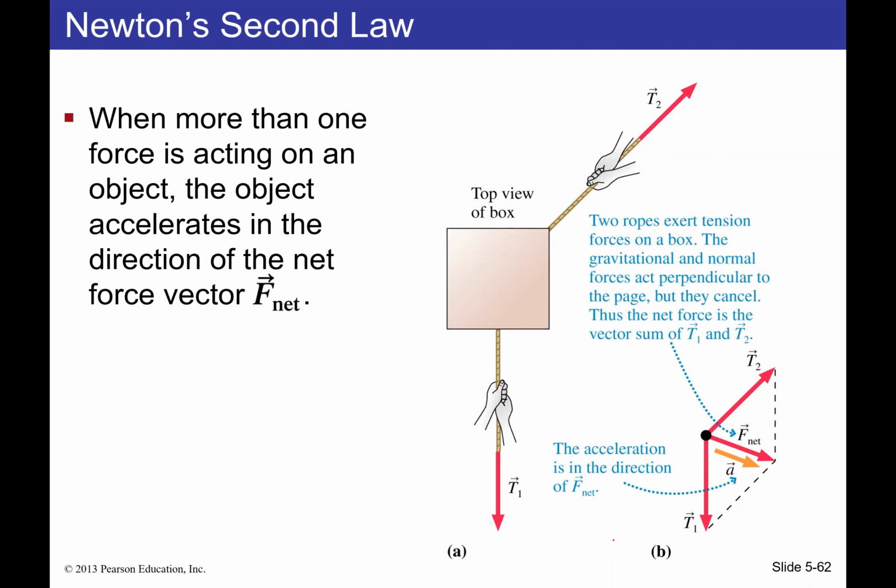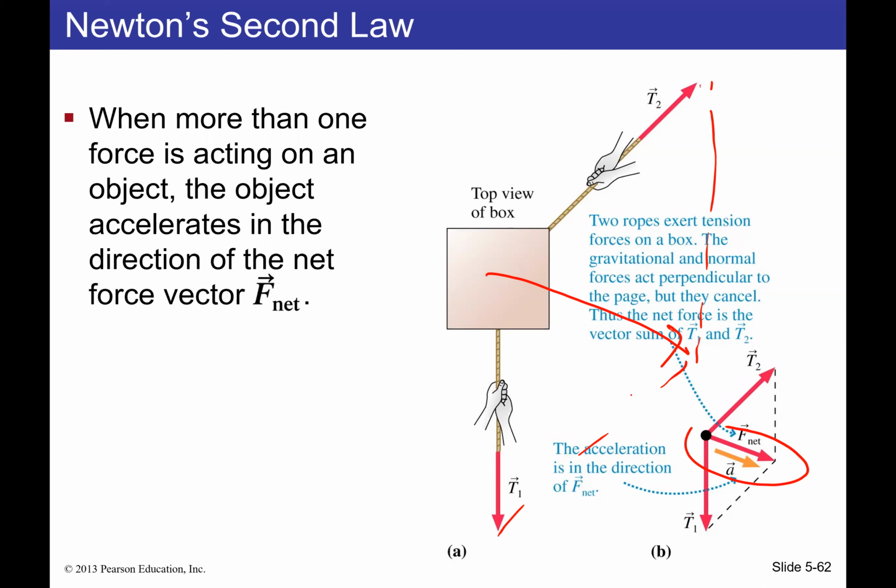One of the things you can see here is this image, which we already talked about, when we said there's a tension 1 and tension 2, and this box will be accelerating because there's a non-zero F net. If you do a parallelogram, you can see this is the net effect. That means it's going to be accelerating.